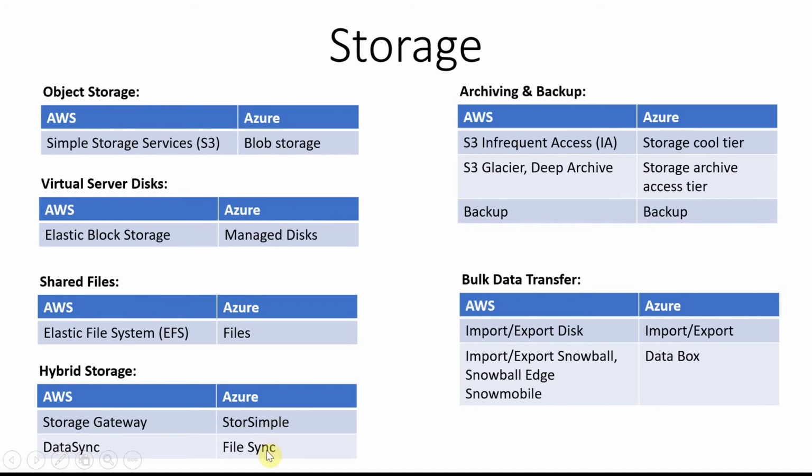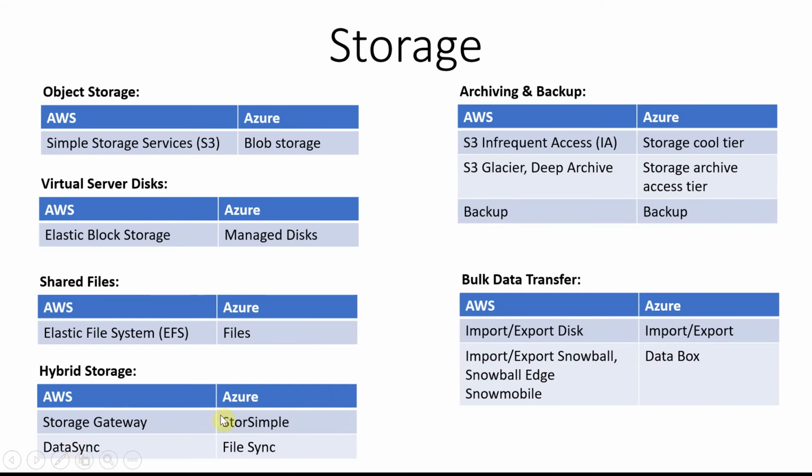The primary thing is that with Storage Gateway or StorSimple, you have to set up a software that will act like another drive, like your C drive. It's like an external mount that you attach, and once you push the data to it, it will automatically sync the data to the cloud.